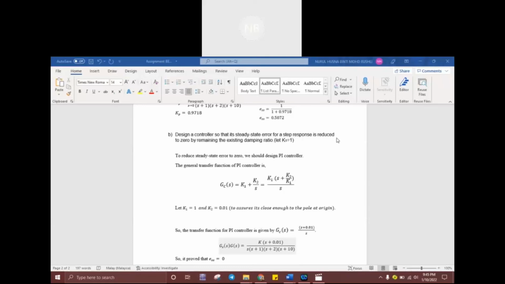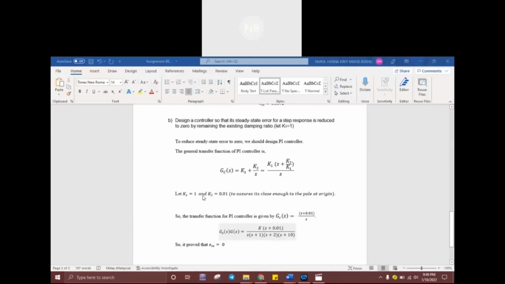For question B, we need to design a controller so that its steady state error for a step response is reduced to 0 while retaining the existing damping ratio. So we need to let K1 equal to 1. To reduce the steady state error to 0, we need to design the PI controller. The general transfer function of the PI controller is Gc(s) equal to K1 plus K2 divided by s.